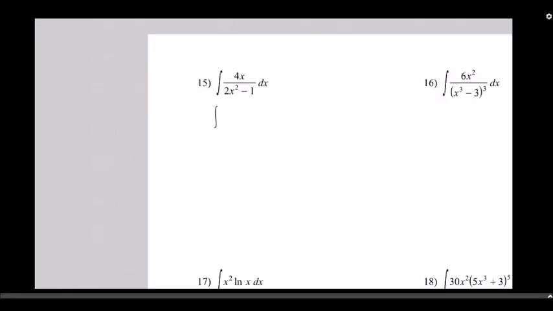We don't even have to multiply by a coefficient or anything. This is just du over u, which is the natural log of u. So we've got the natural log of 2x squared minus 1 plus c. Oh good, thank you, an easy one. You're welcome.